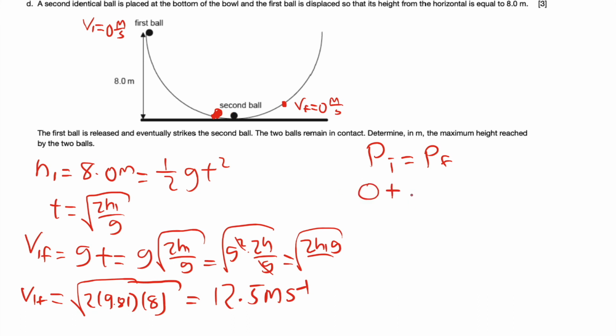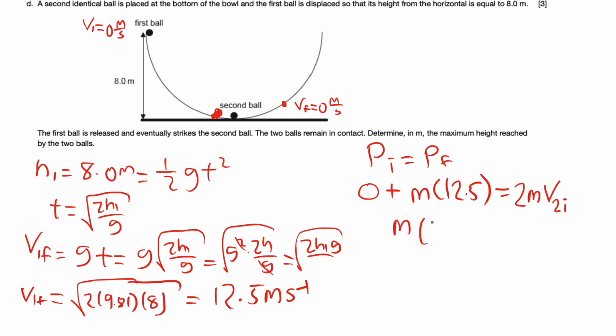The first ball, because they're identical, let's say their mass is m, times initial velocity is equal to, after they strike each other, 2m times their velocity, let's say v2i, because they're two balls.